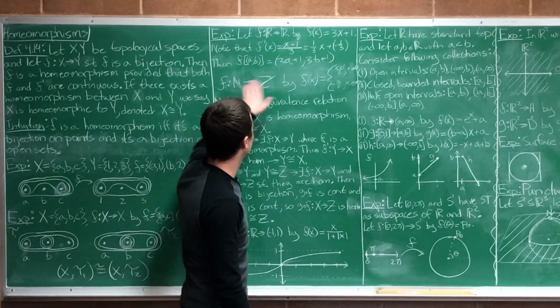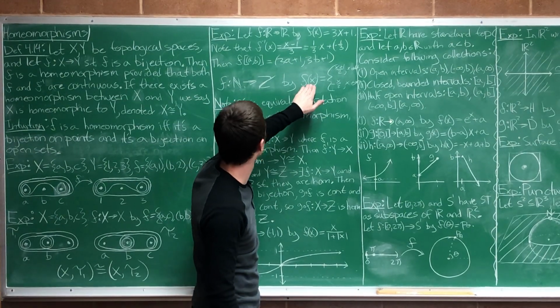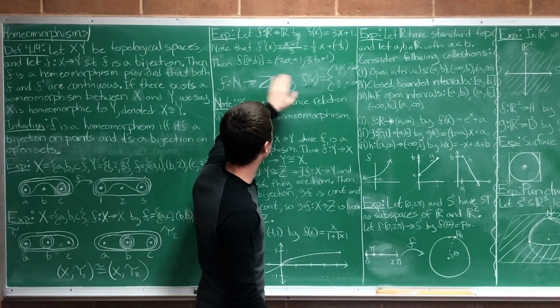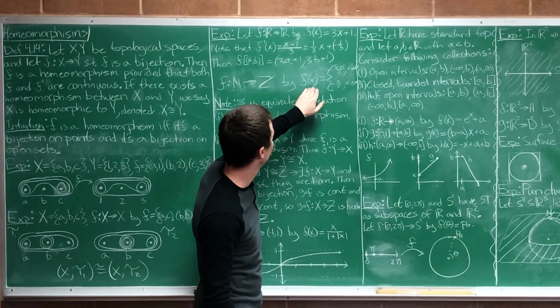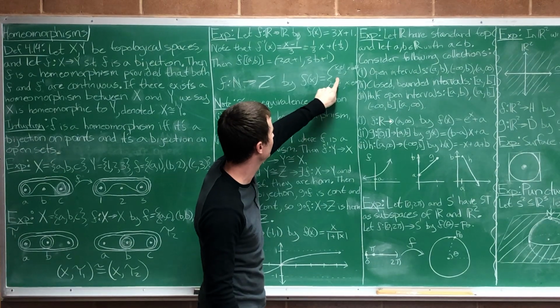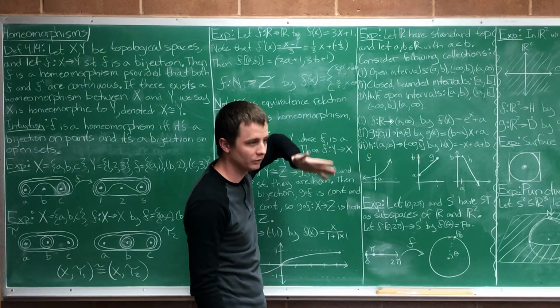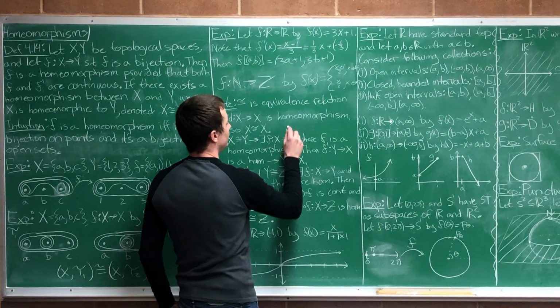So when I plug in 0 here, natural numbers starting at 0, 0, 1, 2, 3, 4, 5, 6, and so on. When I plug in 0 into this, 0 is even. 0 times negative 1/2 is still 0. So it gives me 0.